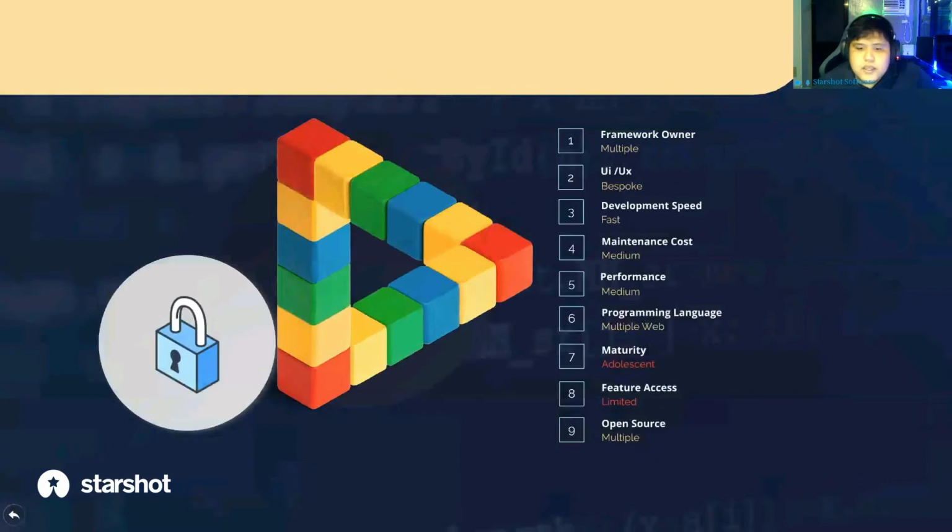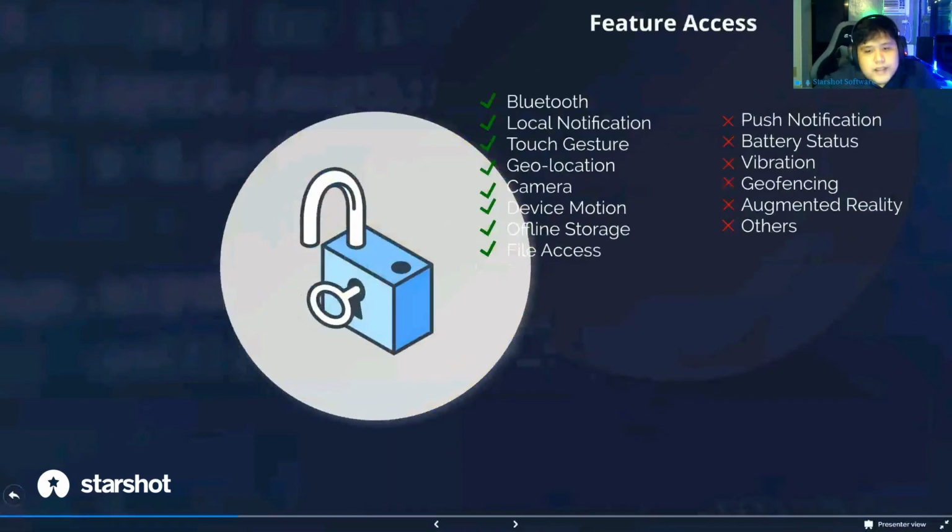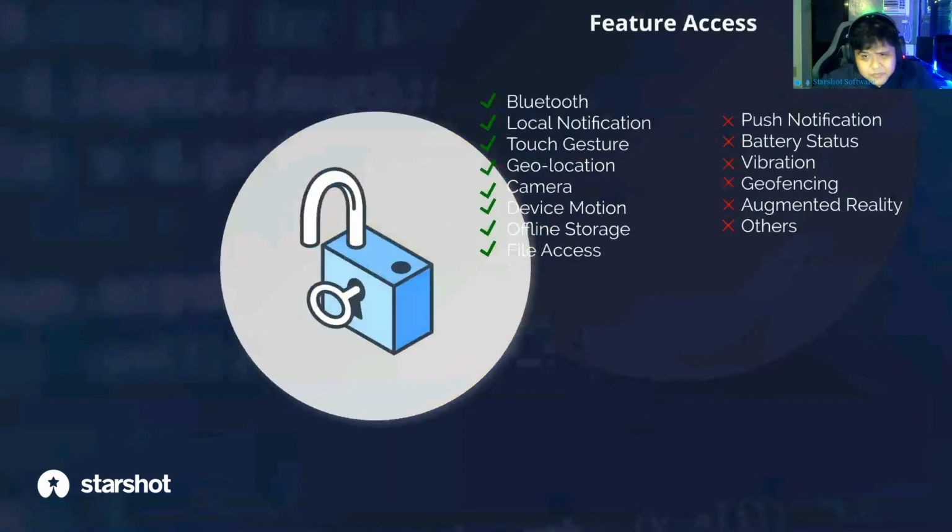This is also fairly a new technology. Now, one of the biggest downsides to using a progressive web app is feature access. Progressive web apps cannot access every feature or every API available to us in a mobile app.